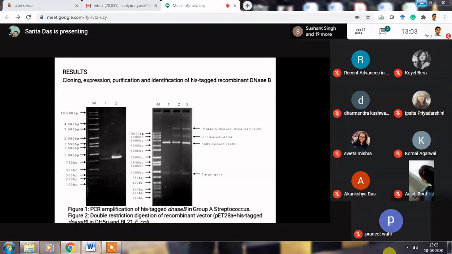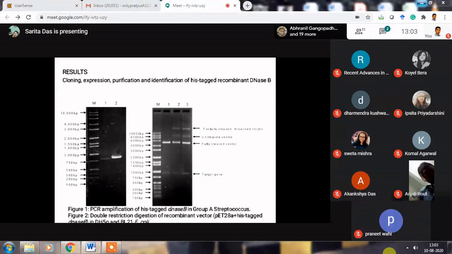So some extra bands of partially cleaved and uncleaved vector also show up. But we got the target gene, which is around 950 because of the extra 100 base pair upstream site of BglII. So we are getting here a 0.95 kilo base pair target gene and the fully cleaved vector of somewhat 4.9.